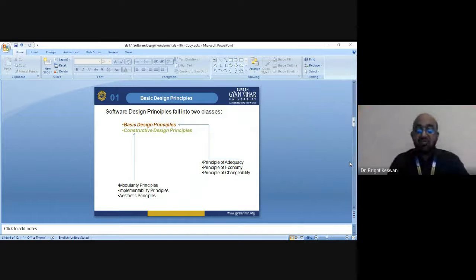About 70% of the cost of a software product over its lifetime is incurred in maintenance. So you are putting your maximum effort into the maintenance of the software. As per an estimation, 70% of the cost is involved in the maintenance process.